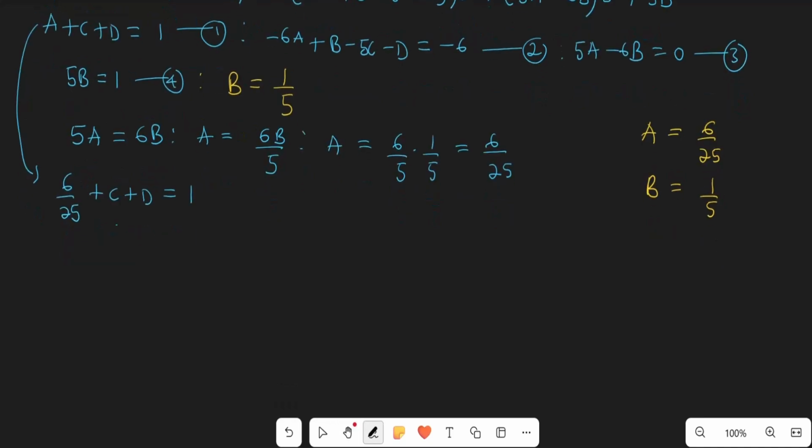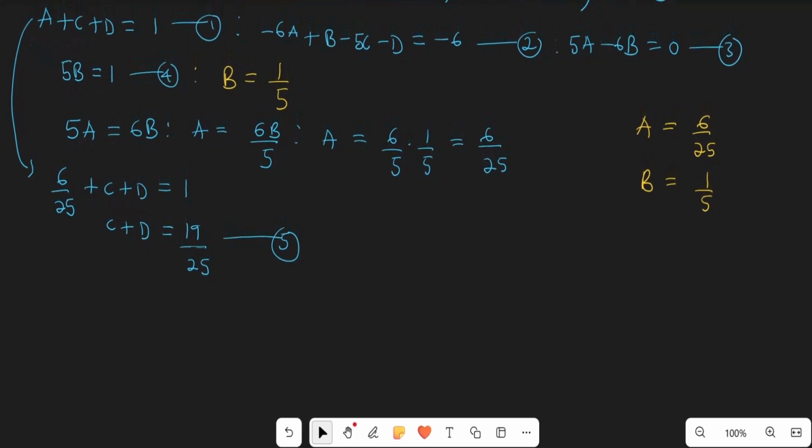Right, so C plus D is equal to what? So C plus D is equal to 1 minus 6 over 25. And that is equal to 25 over 25 minus 6, and that is going to be 19 over 25. So 1 minus 6 over 25 is 19 over 25. Right, so maybe you can call this one equation 5. Why not? Because we'll have to come back to it.